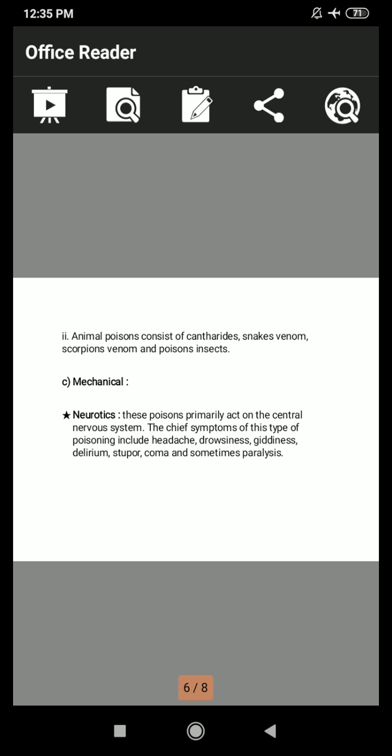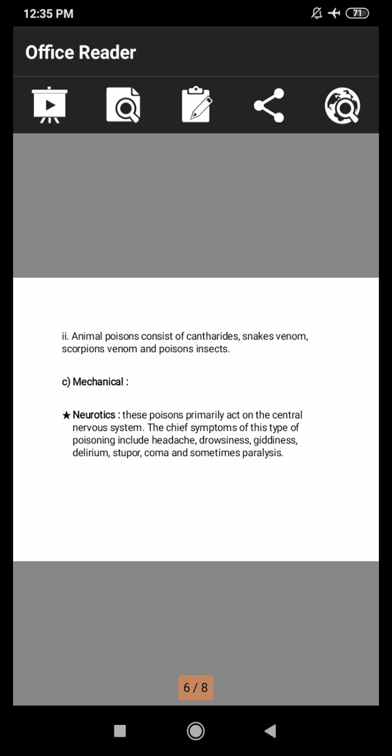For example, the inorganic ones are non-metallic and metallic compounds. The non-metallic poisons are phosphorus, chlorine, bromine, iodine and boron. The metallic poisons are arsenic, mercury, silver, iron, antimony, copper, bismuth and lead. Then organic. The organic poisons can be divided into two types.